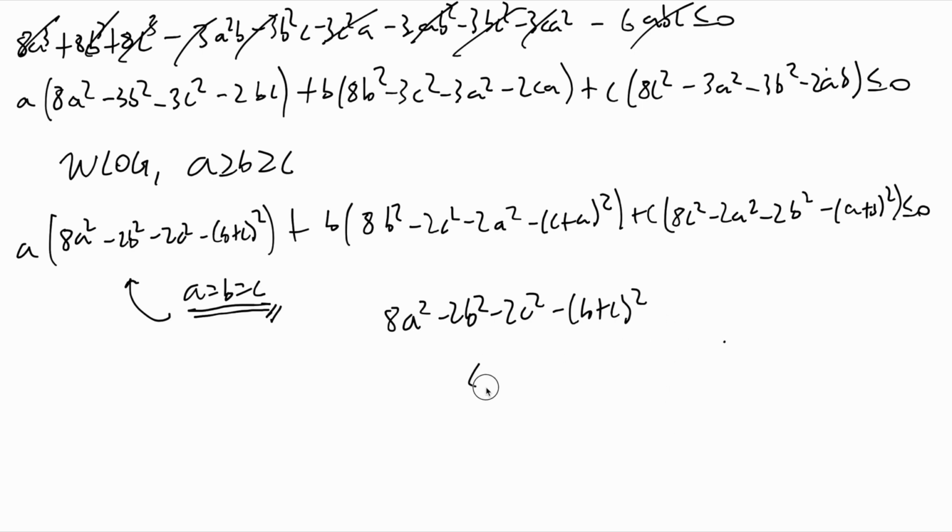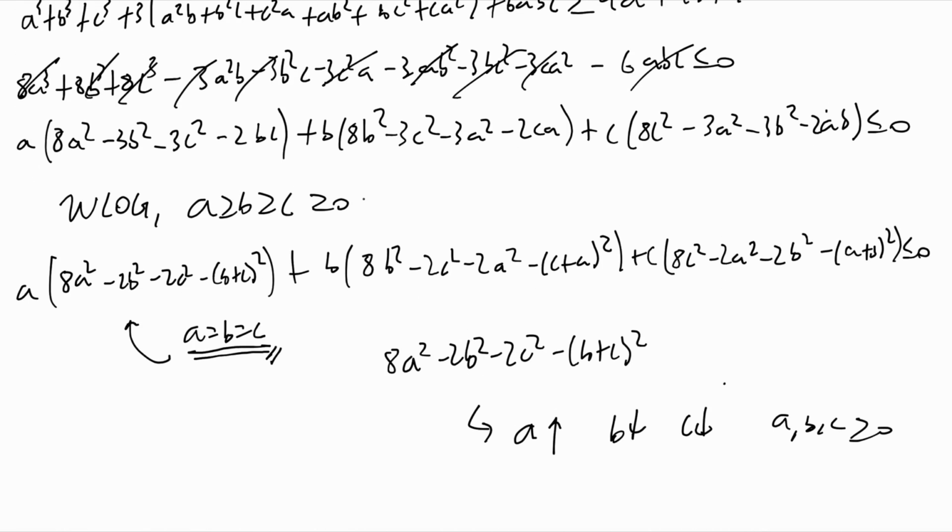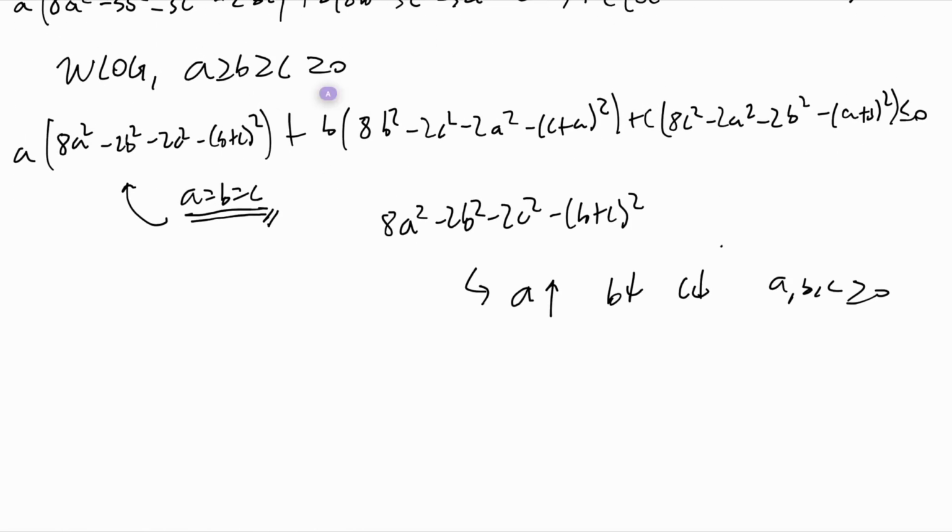Now the maximum value for this is when a increases, b decreases, and c decreases, because a, b, and c are all positive, so greater than 0.